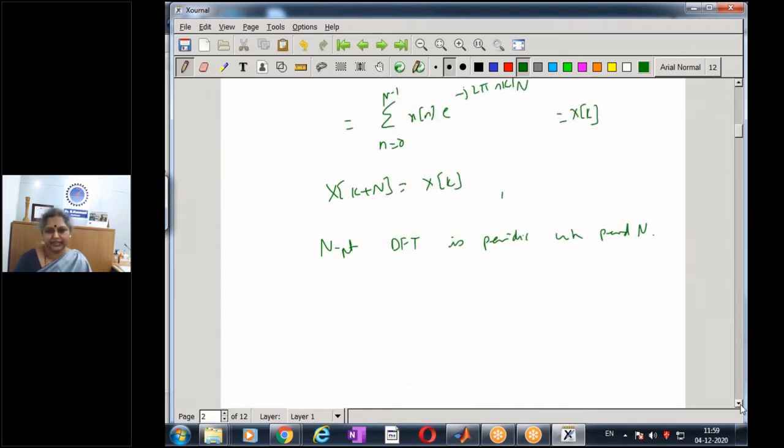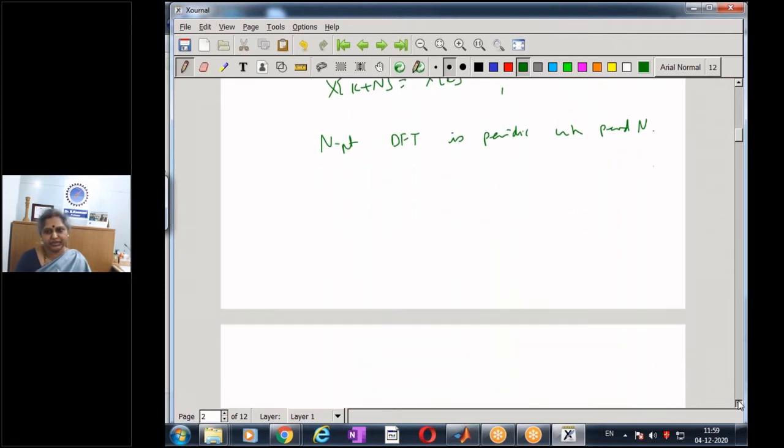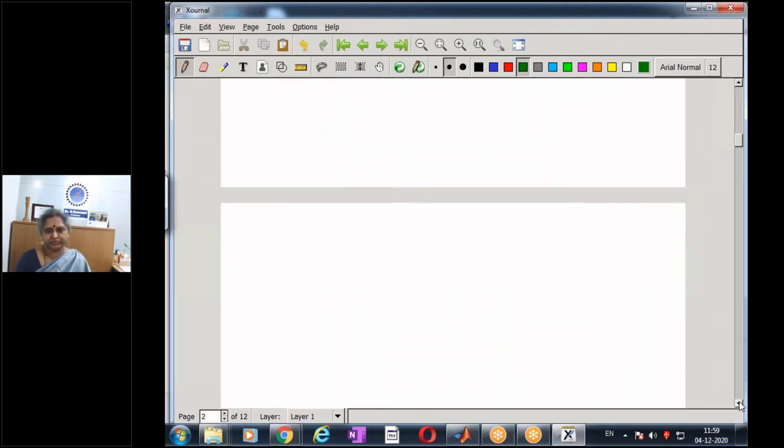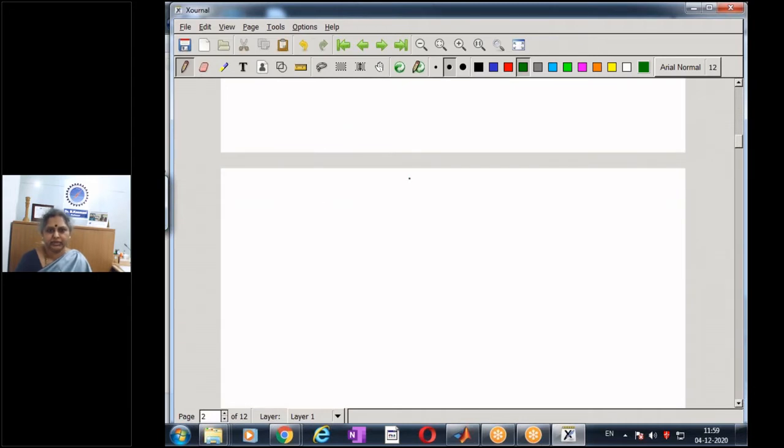So let's take an example to verify this property. Let's consider the sequence that we had seen in the previous class. So x of n is say 4, 3, 2, 1.